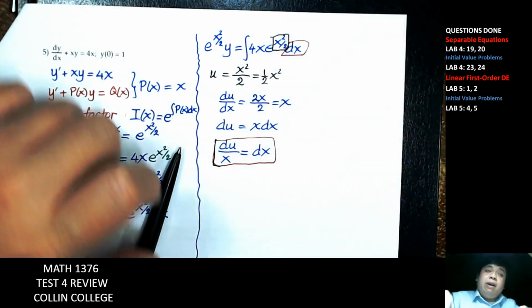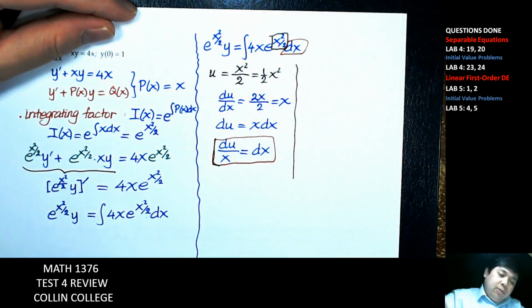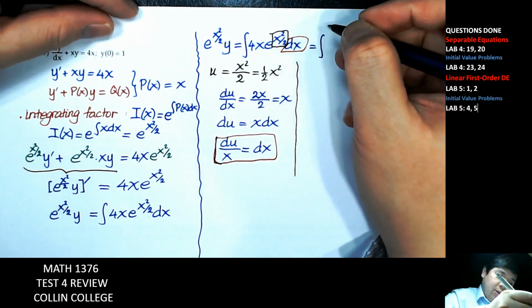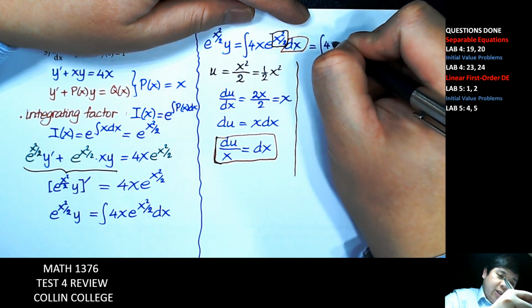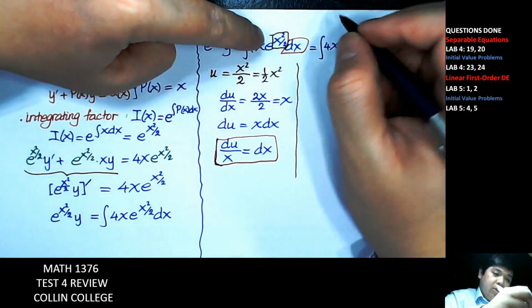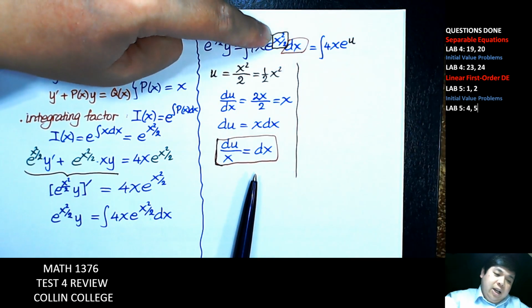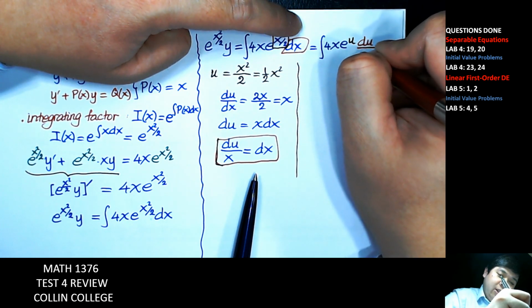Substitute in there. So we have 4x e to the u, and dx will be du over x.